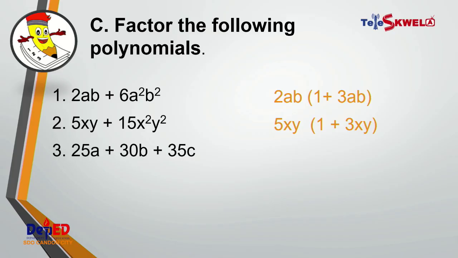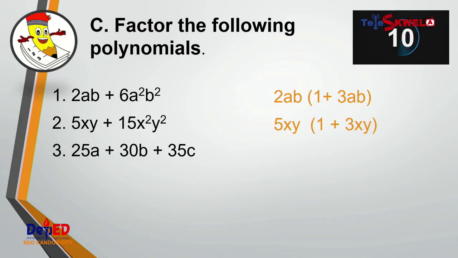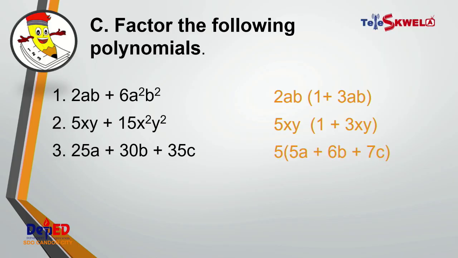Number 3, 25a plus 30b plus 35c. Correct answer, 5 times the quantity 5a plus 6b plus 7c.